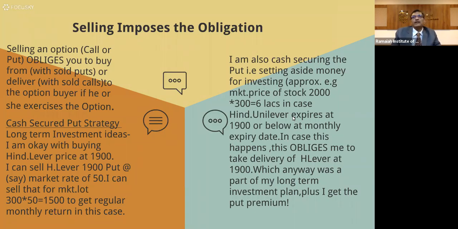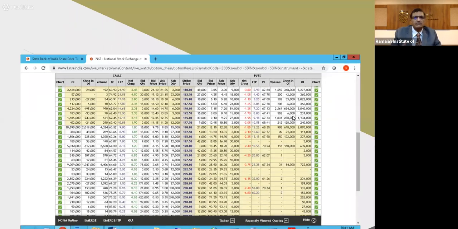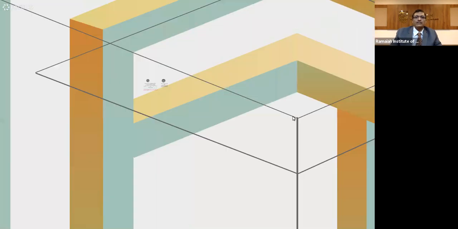You can buy blue chip stocks or even first grade stocks at cheaper rates, and cash secured put is a good strategy. This is an example, a screenshot of the National Stock Exchange, where you have calls and puts prices. You may want to look at it. This website, obviously you are aware of it, nseindia.com.